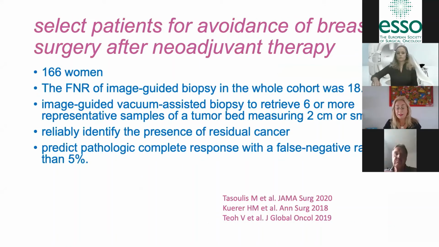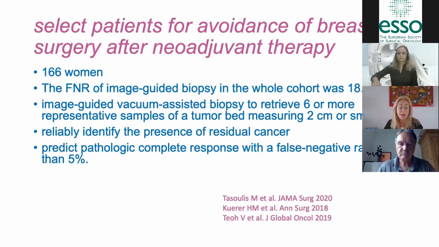And then in the last years, the question has come whether we can de-escalate the surgery so much that we are not going to do surgery anymore, in those patients who had a clinical complete response. This is a study that was published by several groups who are already participating in clinical trials for avoiding breast surgery after neoadjuvant treatment. As you can see, sampling of the tumor before the surgery is so important to assess the response.